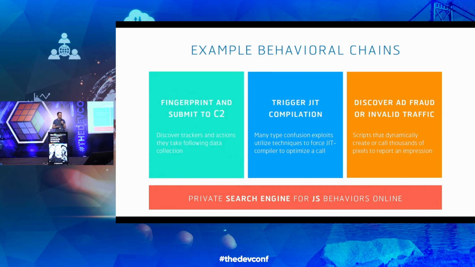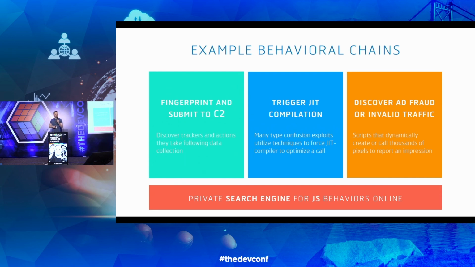There are lots of examples of behavioral chains out there that we could find. For example, we could find something that is fingerprinting the user and then submitting the results to a command and control server, a C2 server.